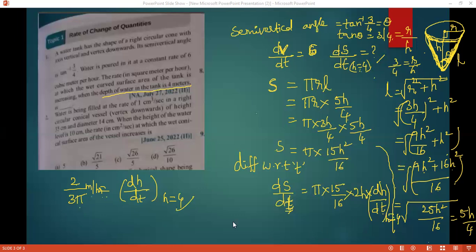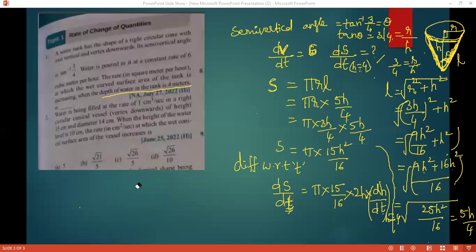Can I substitute that? Let me check once again, 2 by 3 pi meter per hour. Yes, 2 by 3 pi.